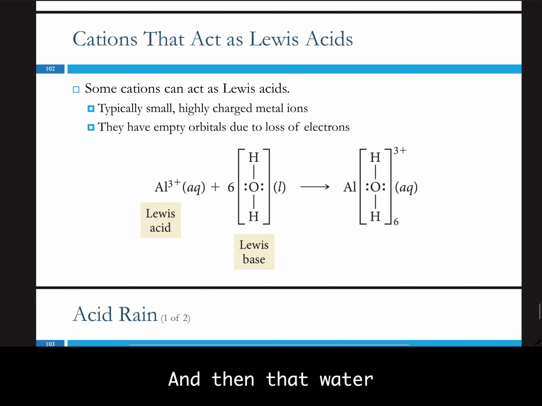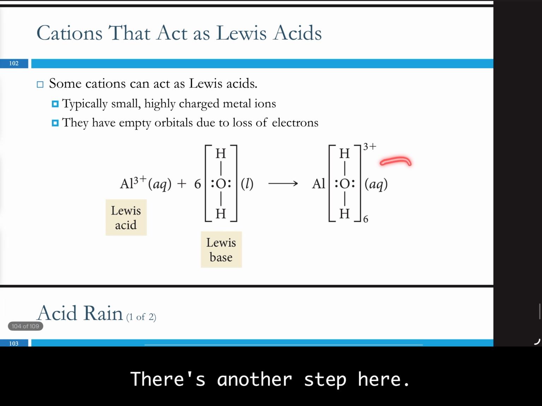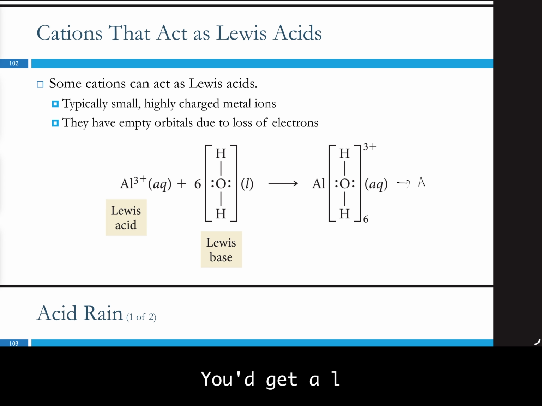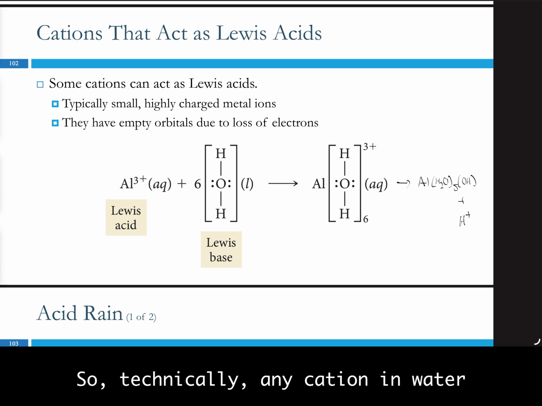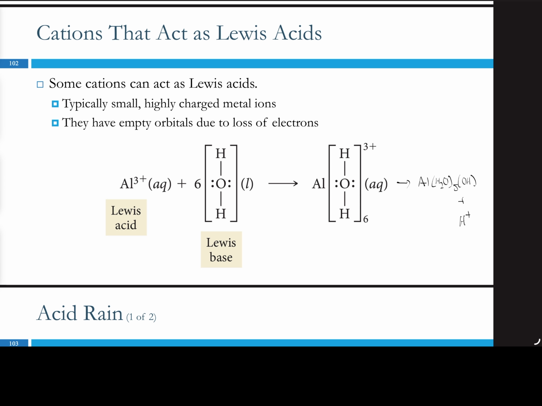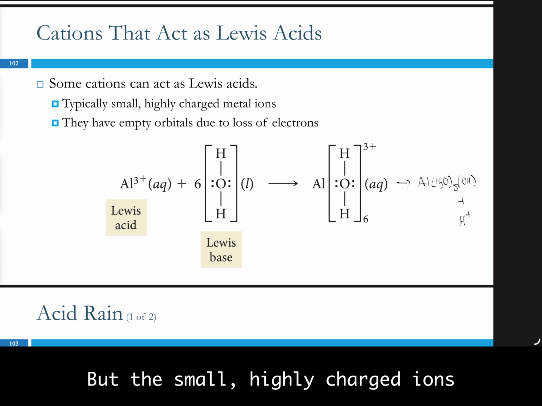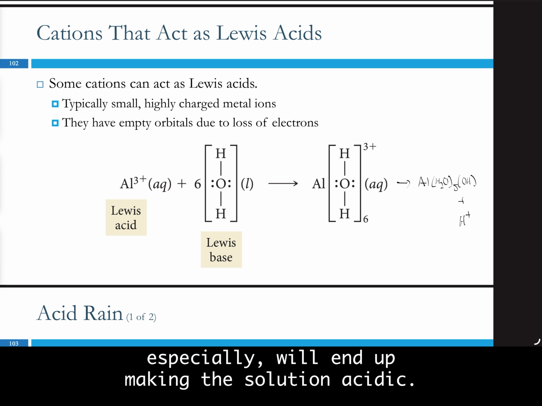And then that water will eventually, if there's another step here, we'd get Al H2O 5 OH plus and H plus. So technically, any cation in water can act as a Lewis acid, but the small, highly charged ions especially will end up making the solution acidic.